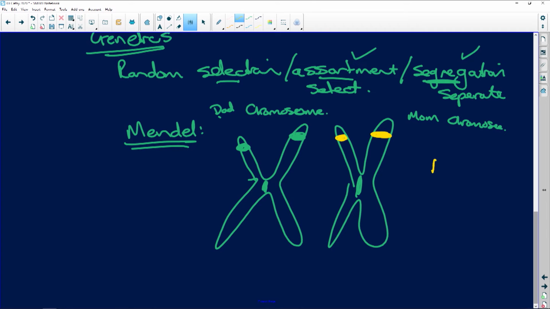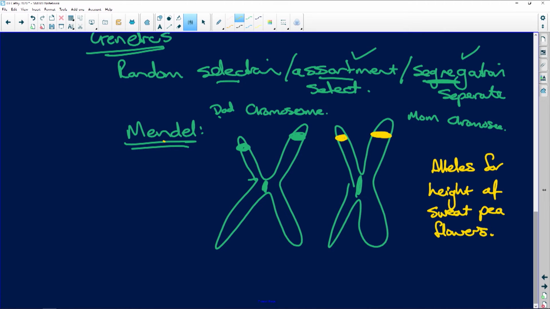Those are your alleles for, let's say, hair color. Or in the case of Mendel, let's be specific. Let's not do hair color. Let's do for height of sweet pea flowers. Because he did all his stuff with sweet pea flowers.